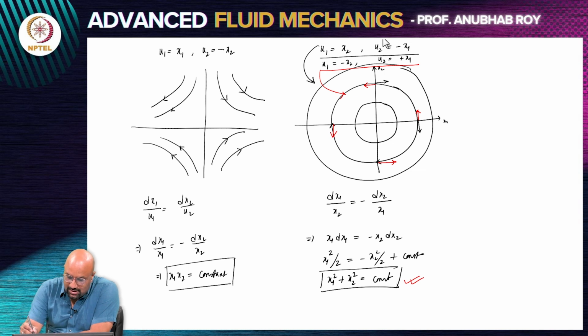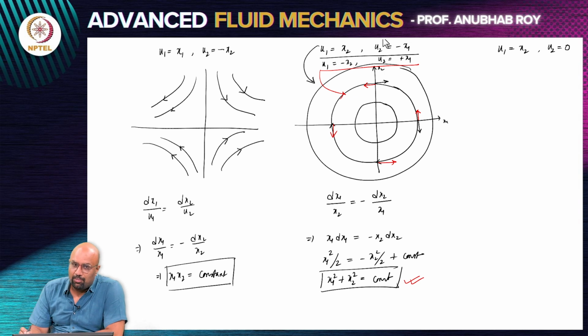Let's take one last example for streamline, because we are going to use these families very soon. So u1 is equal to x2 just like what I had, but u2 is equal to 0. So there is only a single component of velocity which is along the x direction, and that velocity varies along the x2 coordinate.